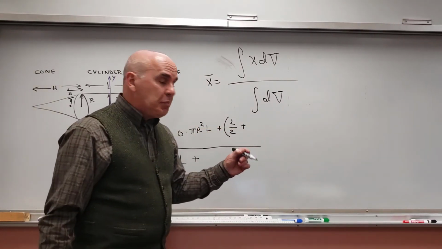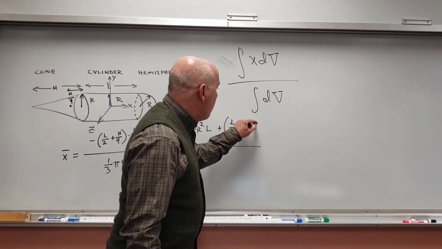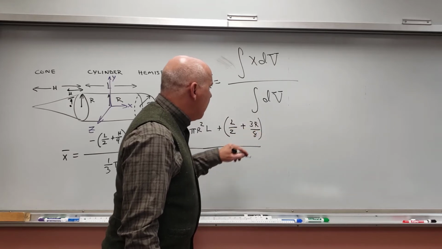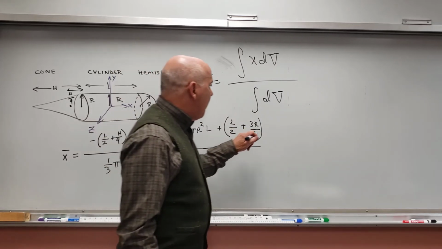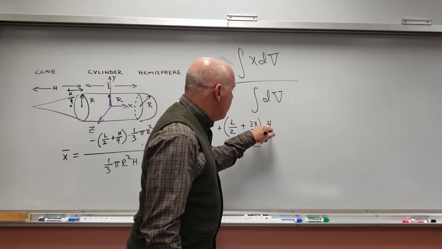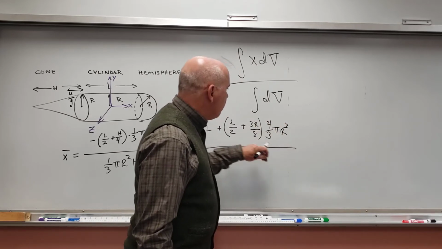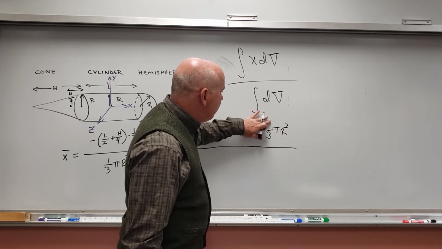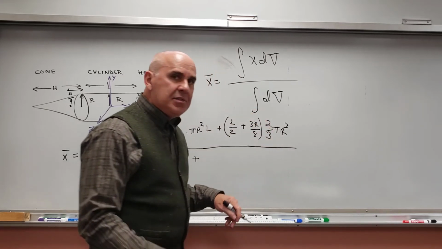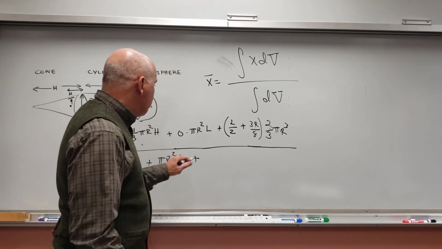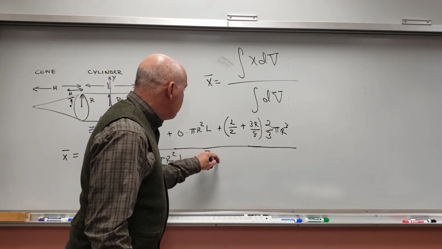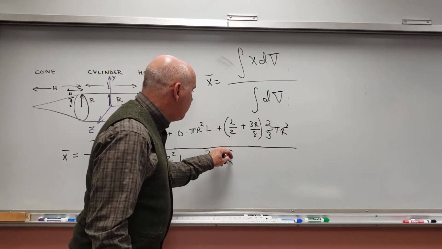And then the volume of a sphere is 4/3 pi r cubed, but I don't have a sphere, I have a hemisphere, so we take half of that. So instead of 4/3, it will be 2/3. So I get 2/3 pi r cubed.